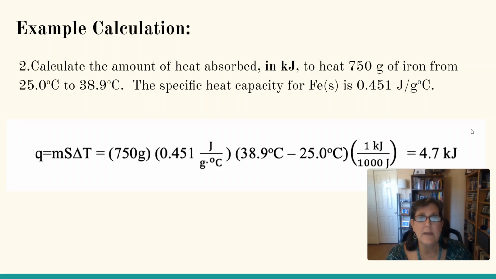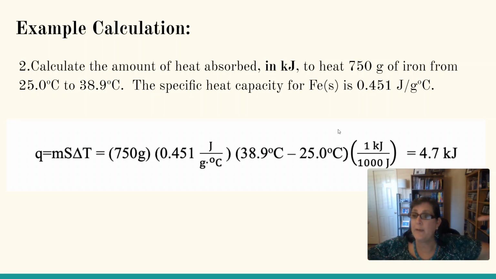Temperature change is 38.9 minus 25.0 degrees Celsius. Grams cancel, degrees Celsius cancel. We have joules, but it asked for kilojoules. So you can either get your answer and then convert or put the conversion in the problem. I just put it in the same problem where we're going to convert from joules to kilojoules.